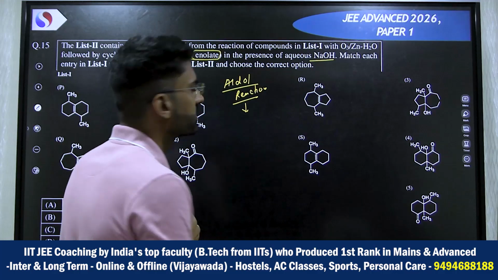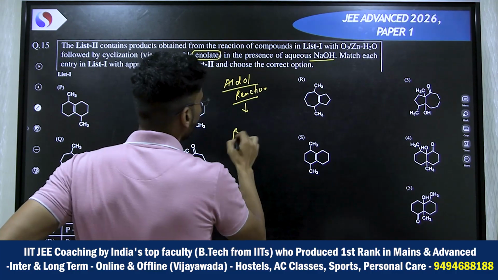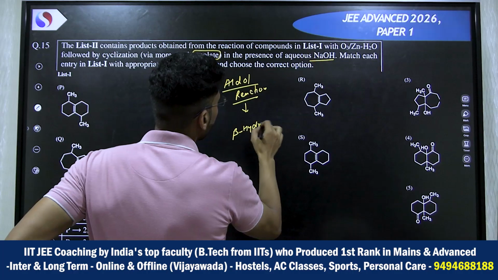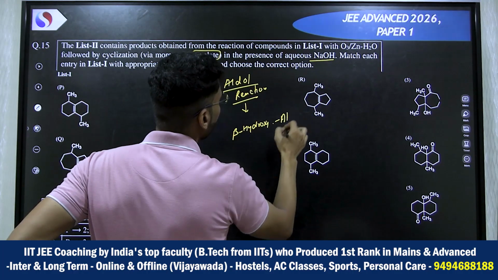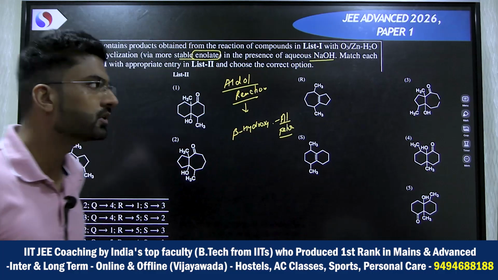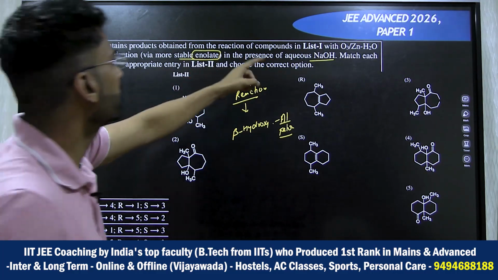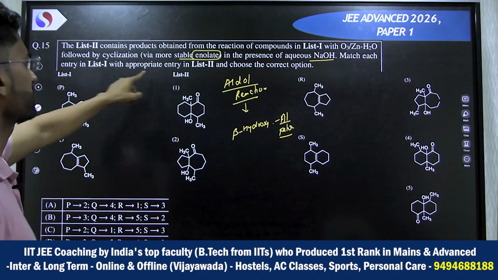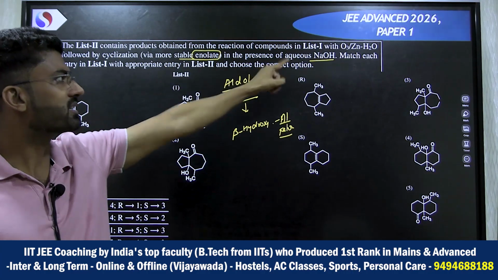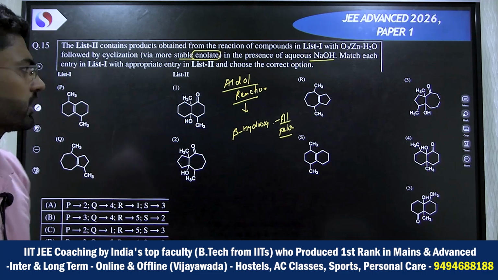I know that if it is an aldol reaction, what will it form? The product of an aldol reaction is what? Beta hydroxy aldehyde or ketone, depending upon the group present there. You can simply see they are saying every reaction follows the same process via the enolate in the presence of NaOH. It means there should be a beta hydroxy keto group.